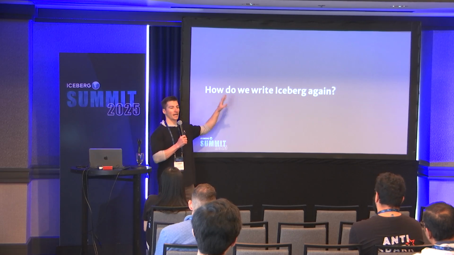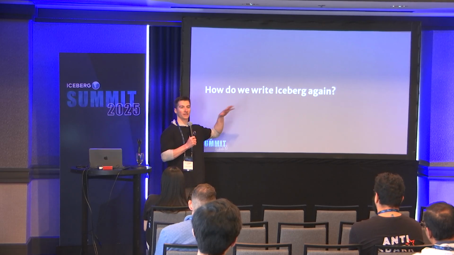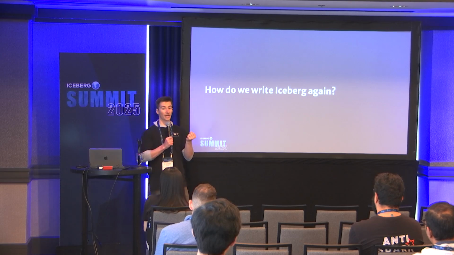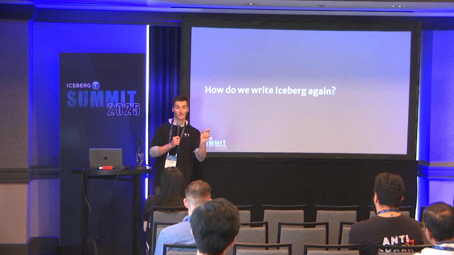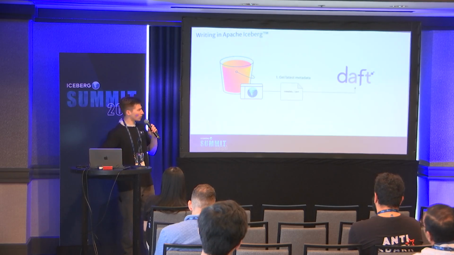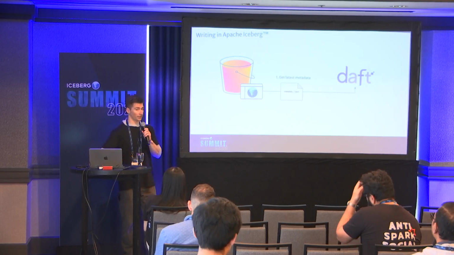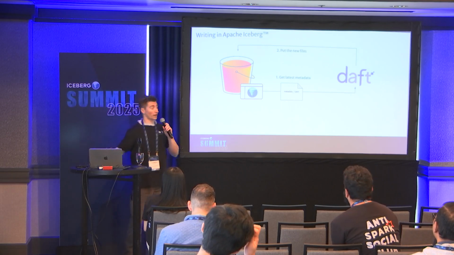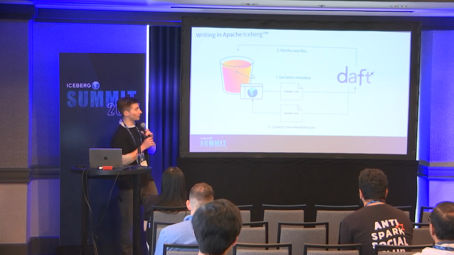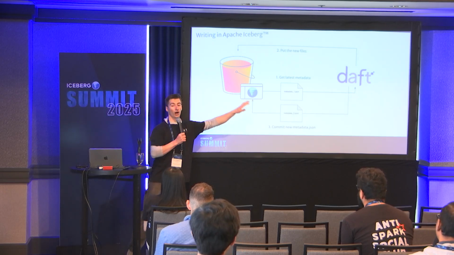Yes, we are talking to the S3Tables service, and yes, I have said the S3Tables service is a type of catalog. But it's not an Iceberg catalog. And an Iceberg catalog is responsible for actually committing the update to that table. So let's refresh. When we want to write an Iceberg table, we get that latest metadata file, we do our work, and then we put those new files to S3. But the most important thing is we need to commit our updated metadata file.